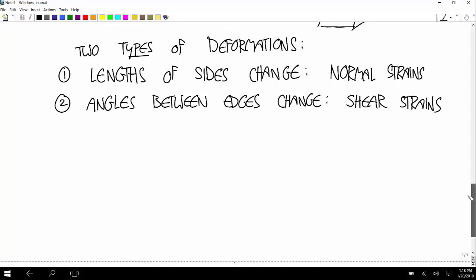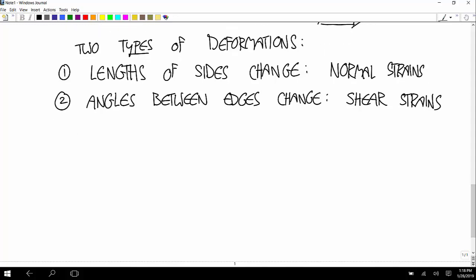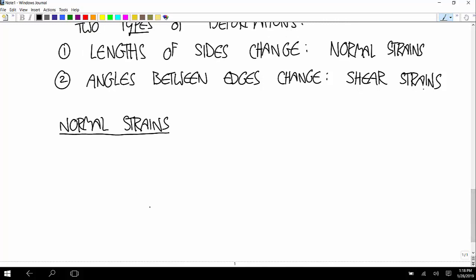So let's start with normal strains. Let's say we start out with a material. We'll start out with a cube, and we'll say that the lengths of each edge are capital L sub 0.